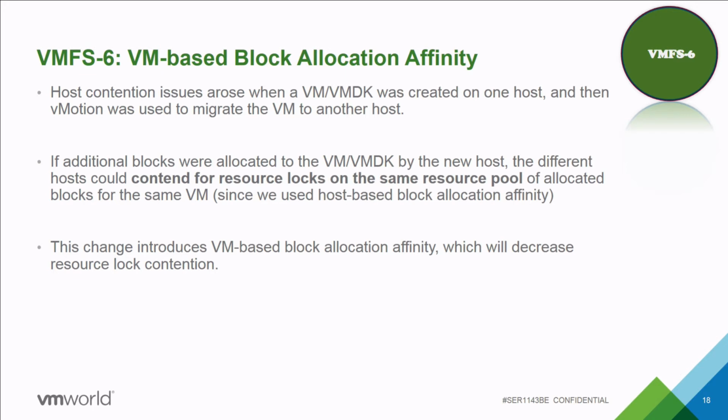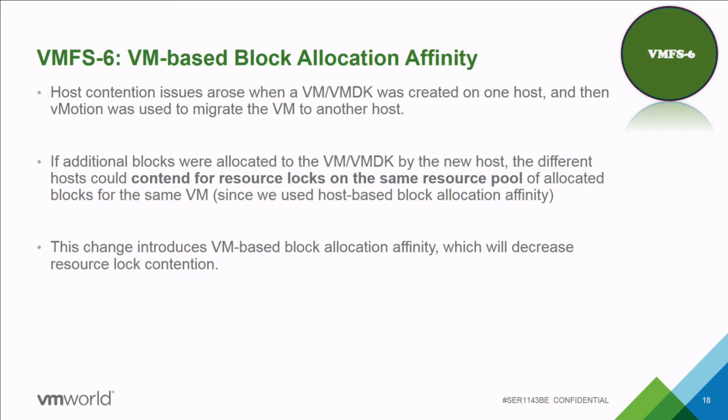So they want to get new resources from the same resource group to grow those VMDKs. And that's where we've seen conflicts arise in the past. This is especially true if you have lots of hosts sharing a VMFS volume, if you have lots of VMs on that VMFS volume. And so this was down to the sort of host allocation method we had for blocks.